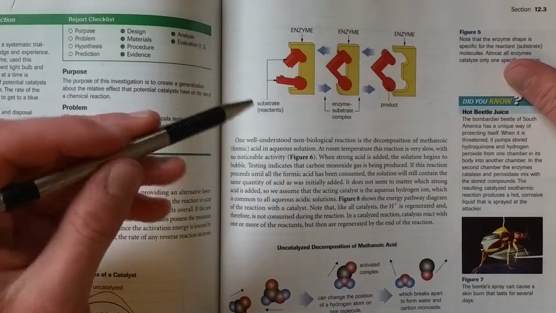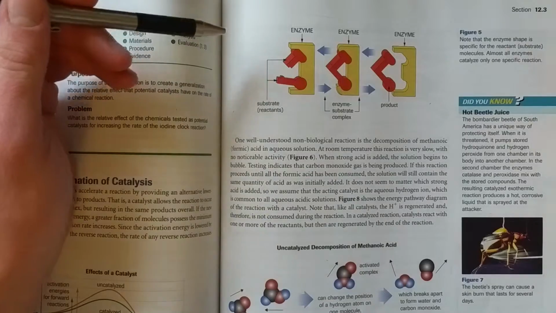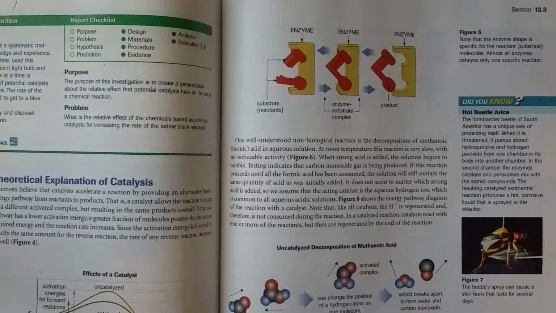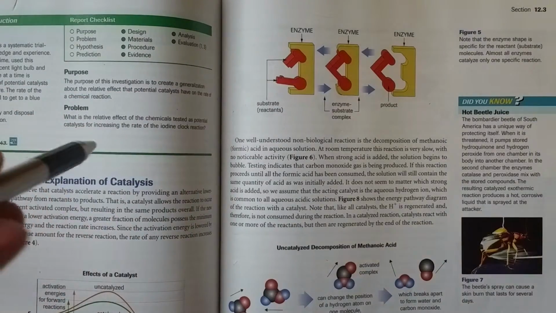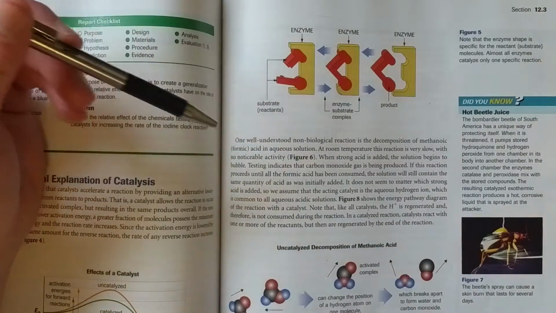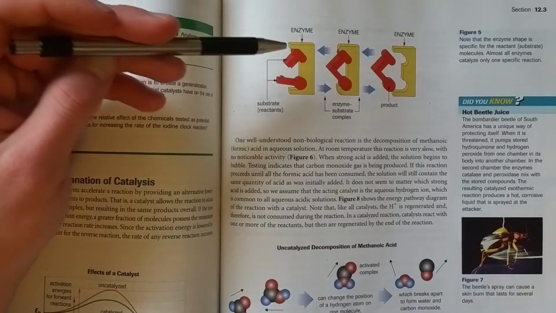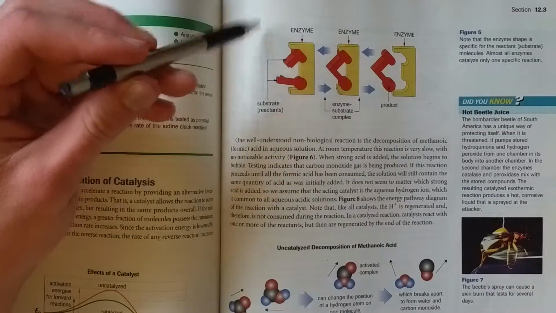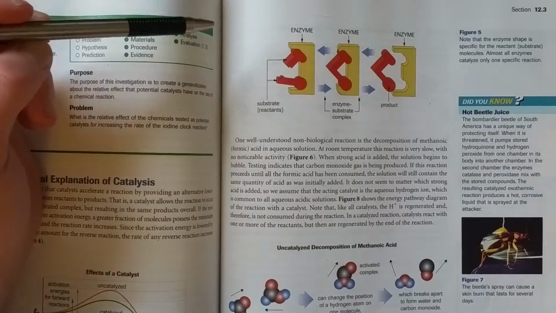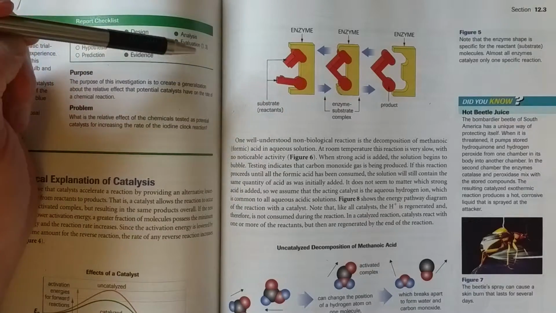So if you're to think of the red being two reactants on page 537, what is happening is these two reactants, these red puzzle pieces, cannot easily collide. And so what is happening is this catalyst, or this enzyme, this is biology, so enzymes are biological catalysts for a body.